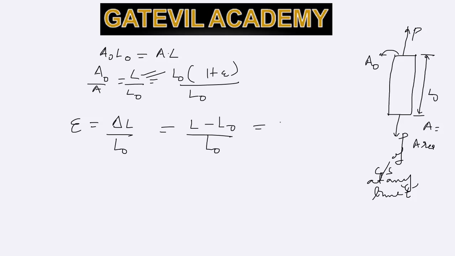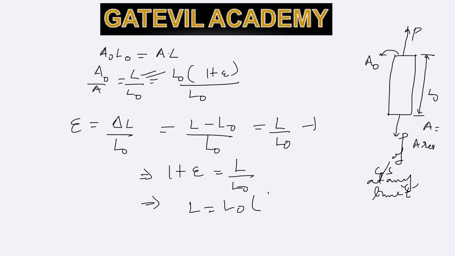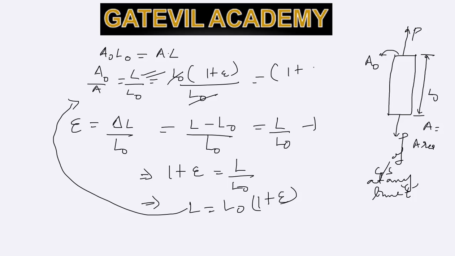So this will be equal to L by L naught minus 1. So 1 goes in here on the left hand side. This becomes 1 plus epsilon is equal to L by L naught. So your L becomes L naught into 1 plus epsilon, which is used in here. So L naught gets cancelled out and A naught by A becomes 1 plus epsilon.